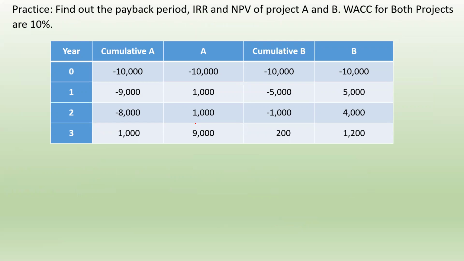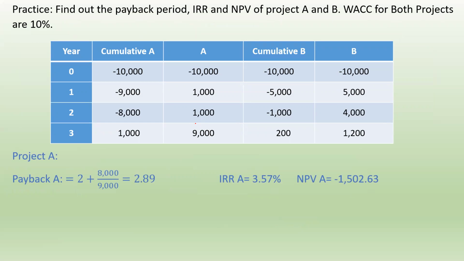Another practice: find out the payback period, IRR, and NPV of projects A and B. The weighted average cost of capital for both projects is 10%. For the payback period of A, I give you the cumulative cash flows, so this is the full recovery year.